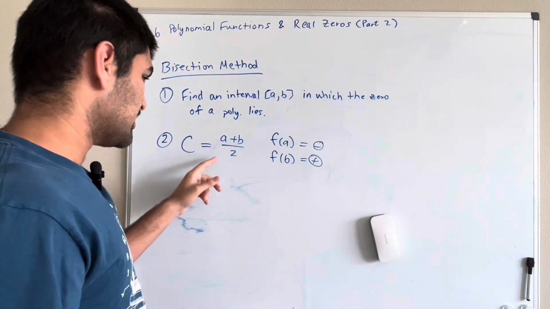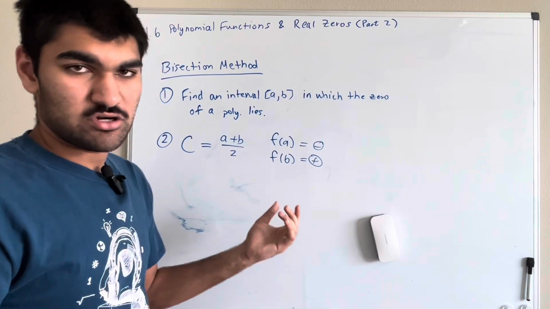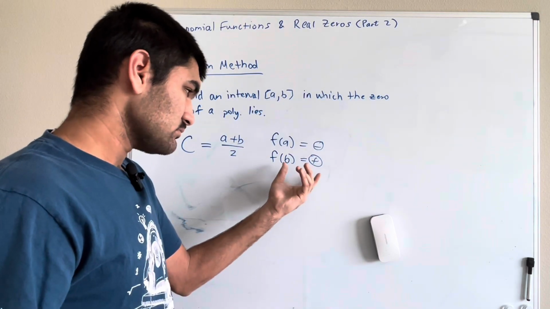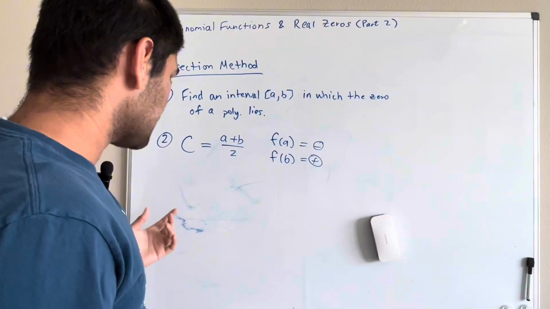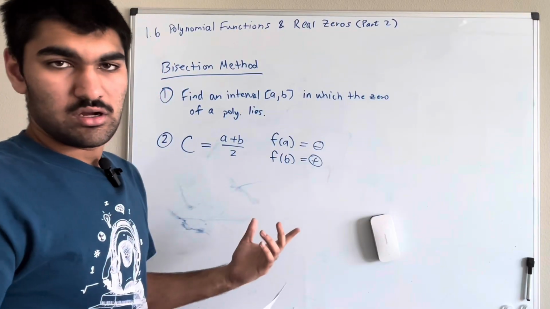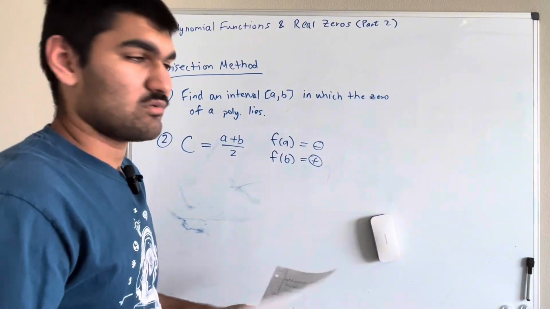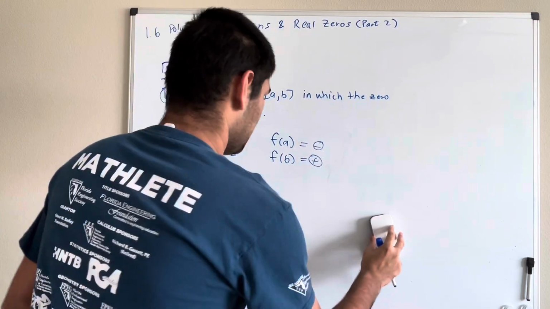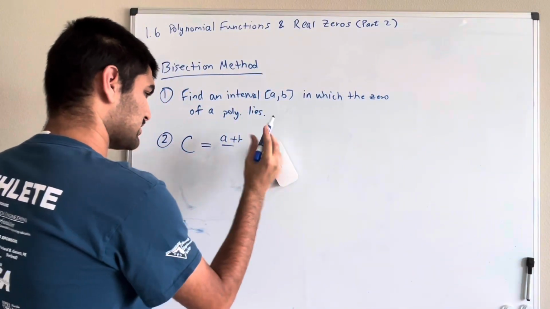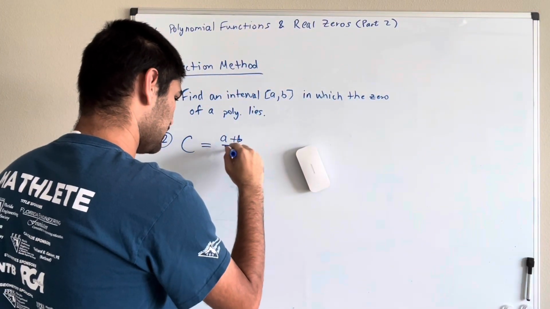But if f of c is negative, then the zero lies between c and b. We just keep doing this until we have a zero we're satisfied with, which is within a reasonable error. That's essentially what you have to do.